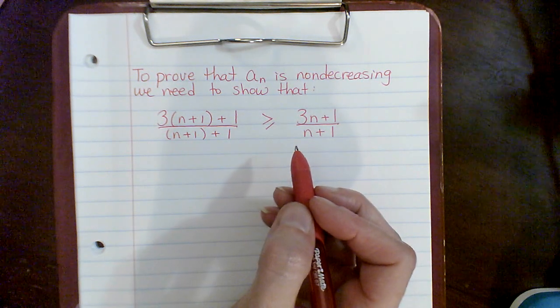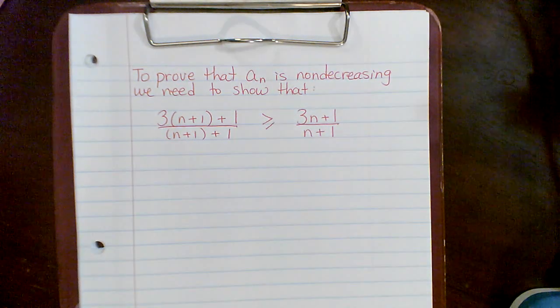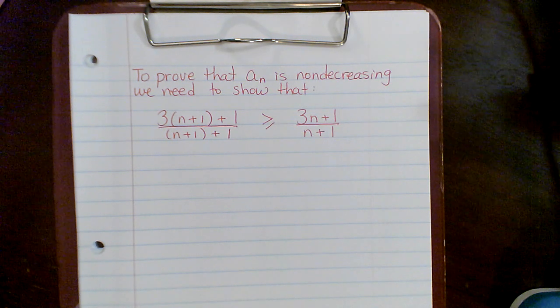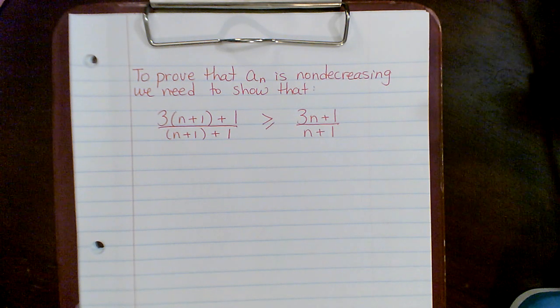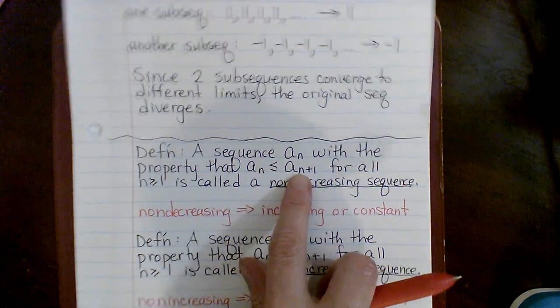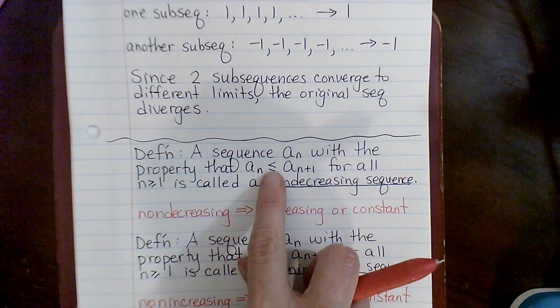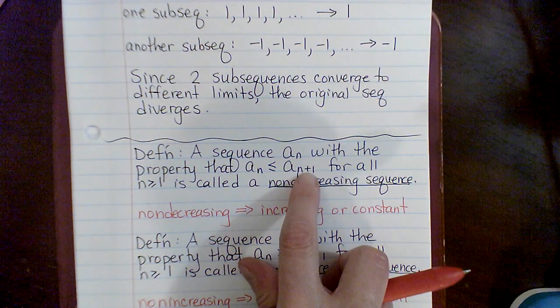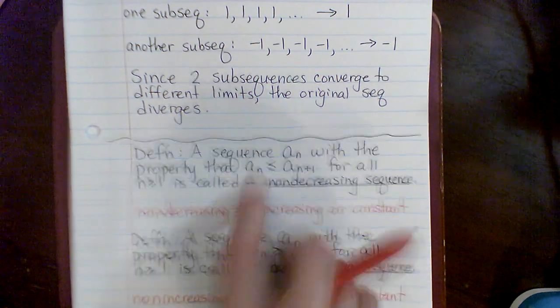Because I'm going to dig back through the notes. We said that non-decreasing meant that the nth term was less than or equal to the n plus 1th term, or the n plus 1th term was bigger than the nth term. So that's how I wrote it with this one.